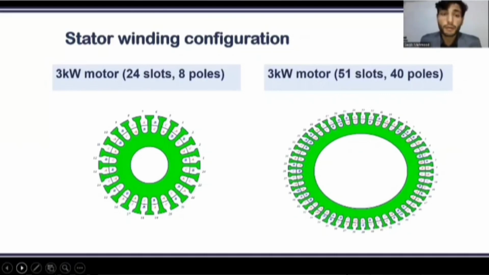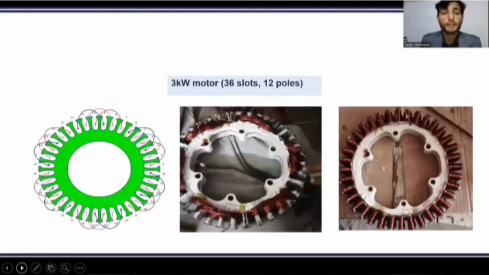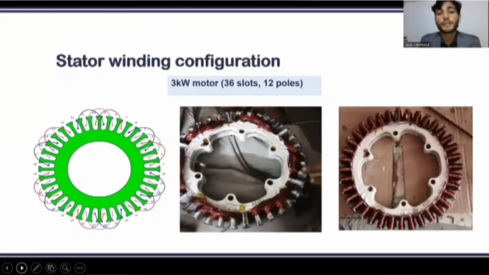The same is true for the 51 slot 40 pole motor, which also gave us a two-layer concentrated winding arrangement. But for the 36 slot 12 pole motor, it gave us a distributed winding arrangement, in which the slots per pole per phase ratio was equal to 1.